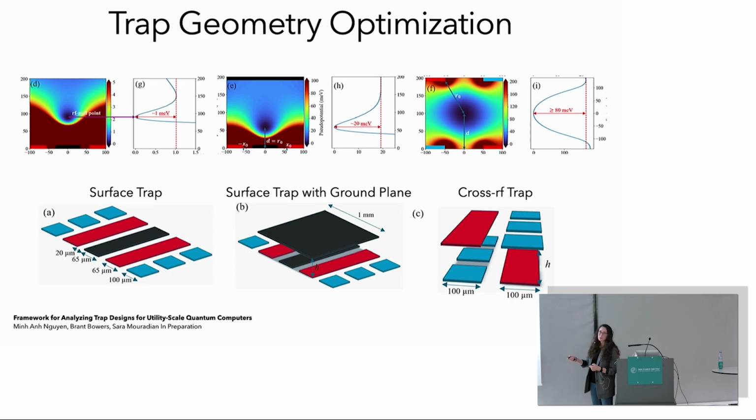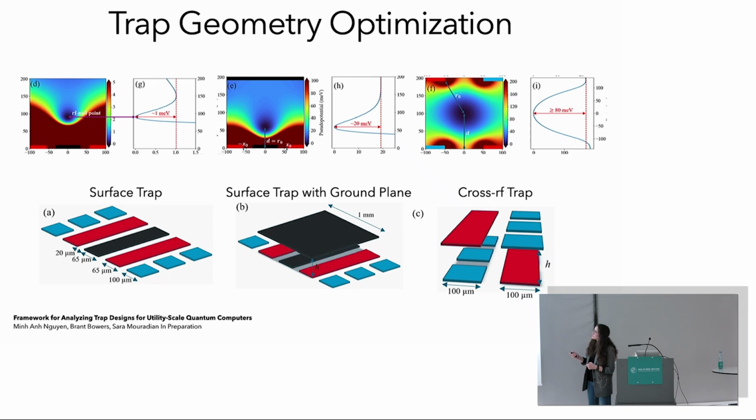The first, you can just qualitatively see that the trapping region gets larger with each, and also that the trap depth gets larger in each. So here we have about 1 millivolt, and here we have 80 millielectron volts, and this can actually be made higher if this is optimized a little bit more. So we get about two orders of magnitude improvement by going from the surface trap to the cross RF trap.